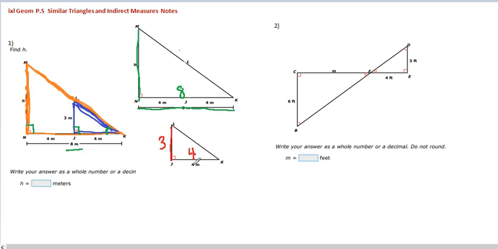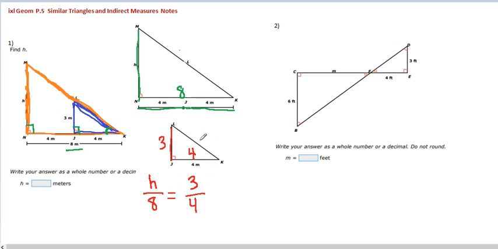To figure out what the height is, you can set up a ratio. I'm going from the large triangle, this leg to this leg: h, the height, to 8 is in proportion to this height, 3, to 4.